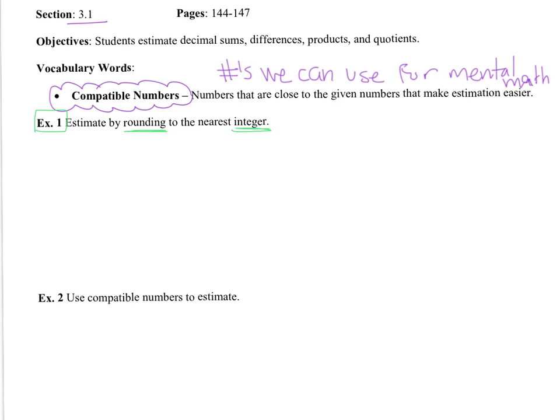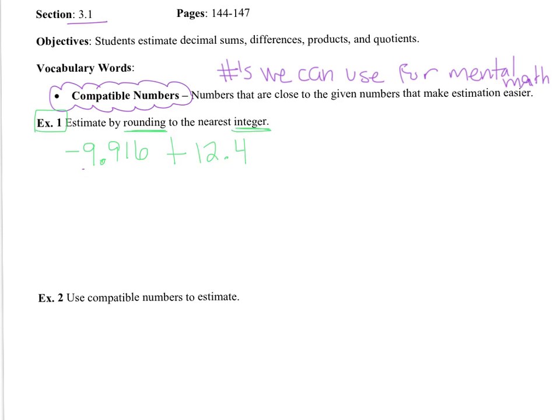So vocabulary word from last week, integers mean I might see some negative numbers. Alright, so let's start with negative 9 and 916 thousandths plus a positive 12 and 4 tenths. So I have two integers here, and it says to round to the nearest integer.